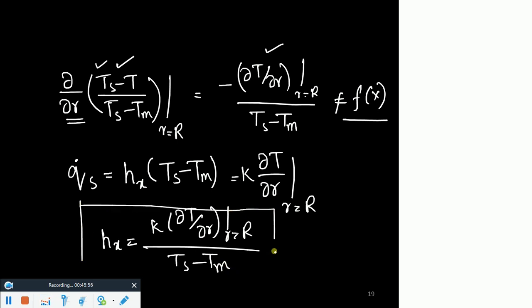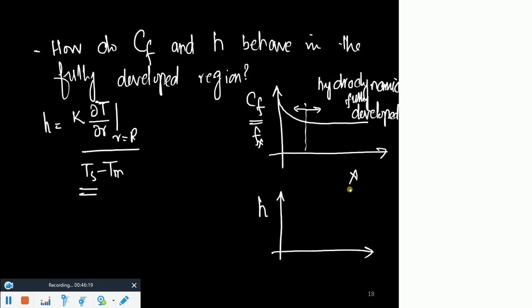Now just see this thing. Is this parameter a function of x? k remains the same, Ts minus Tm remains the same. Is this something which is a function of x? Not at all. So what do you say about hx in the thermally fully developed region?